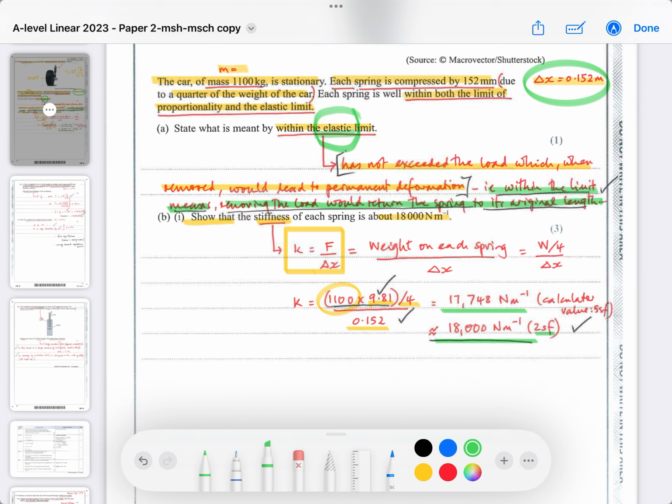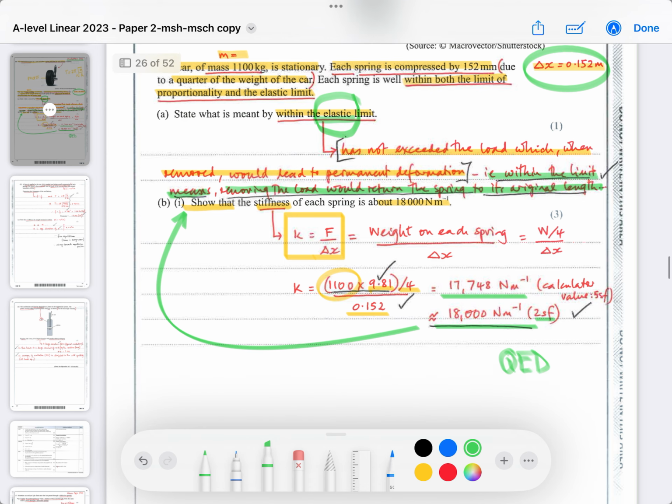And that shows that you have shown what they've asked. Okay, so always finish off the question by explaining that you've now answered the question. Other people write QED, which is Latin for I have demonstrated what I set out to demonstrate. Okay, I think.